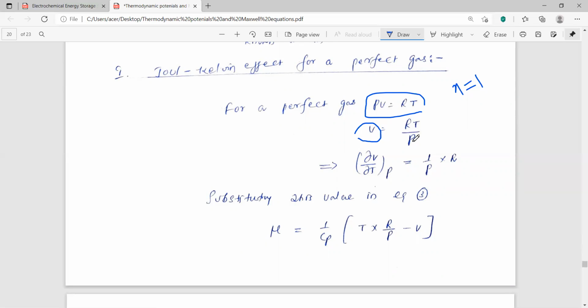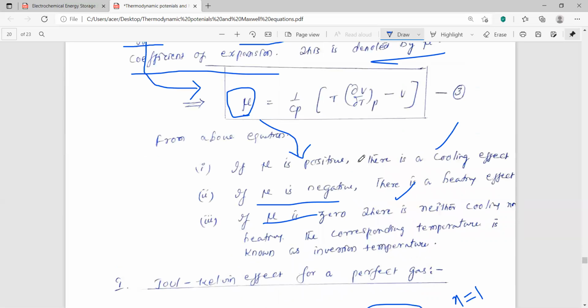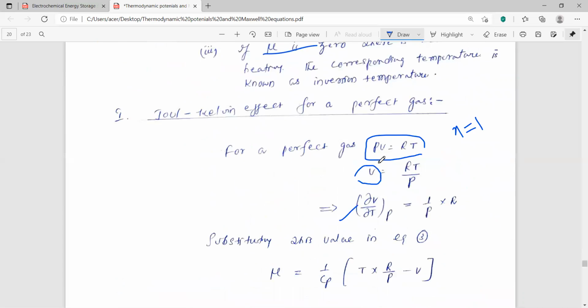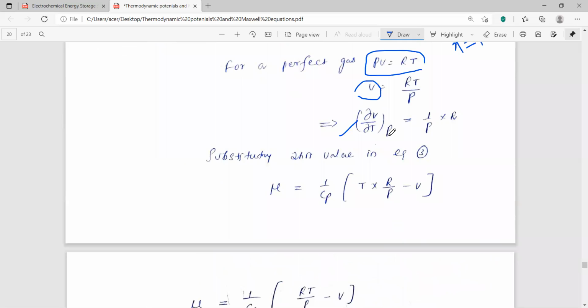If you differentiate this equation with respect to T at constant pressure, where V equal to RT by P, then dou V by dou T at P equal to 1 by P times R, since differentiating T with respect to T gives 1, where R is the universal gas constant. If you substitute this value in the Joule Kelvin coefficient of expansion, mu equal to 1 by Cp [T times R by P minus V].